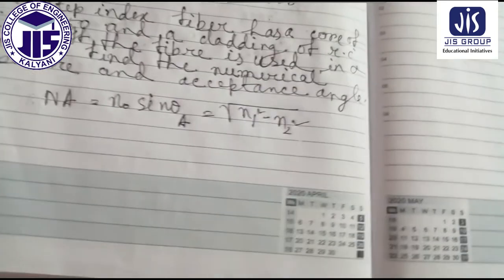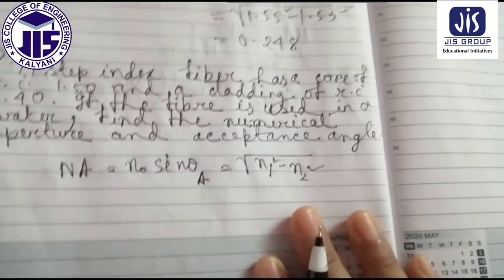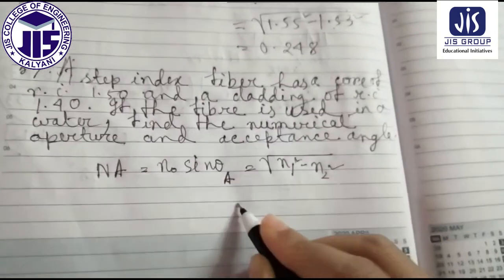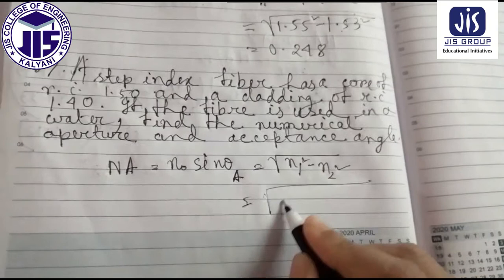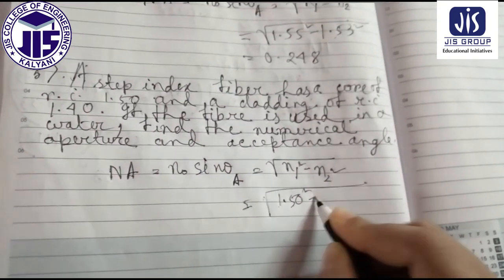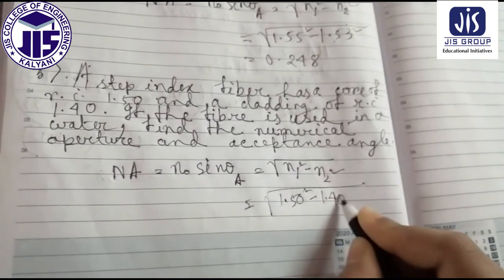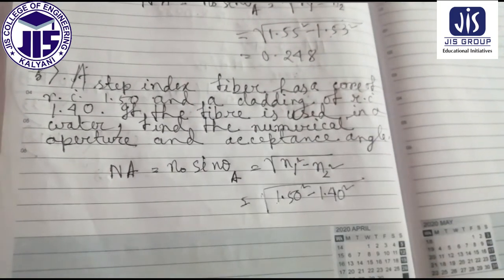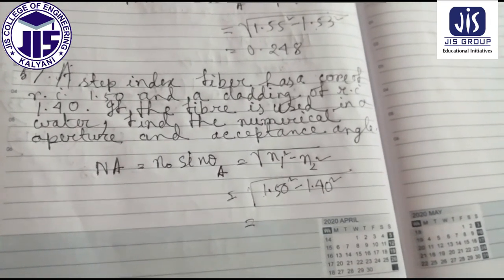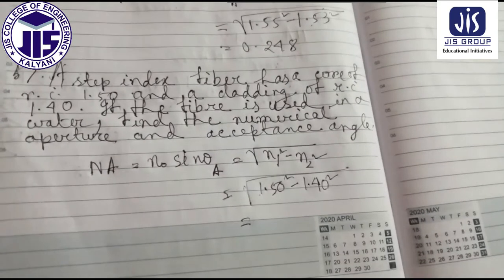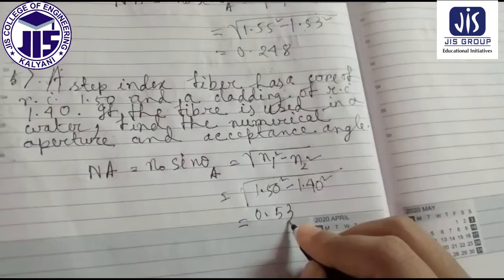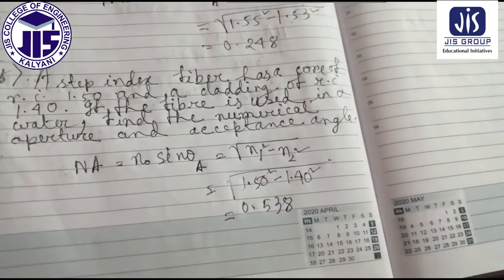If you put the values, root over of 1.50 square minus 1.40 square, then in the calculator you can get the answer as 0.53 into 8.